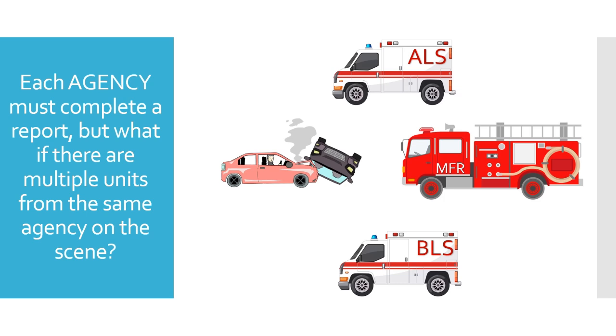They are bound by the same protocol you are. If an ALS unit and a BLS unit respond, and the BLS unit arrives first and begins to render care, the BLS unit must do their own report up to the point where the ALS unit arrived and took over patient care. ALS is always going to be doing the report. There's no getting out of it for the ALS unit.